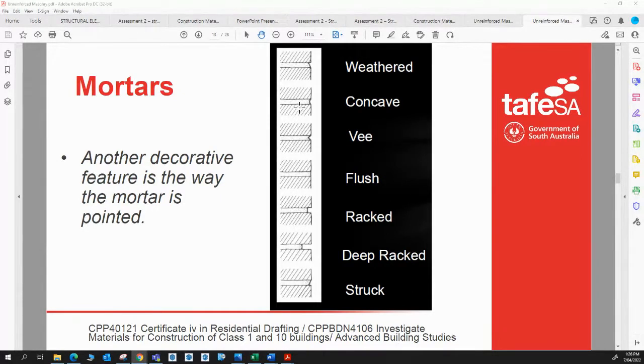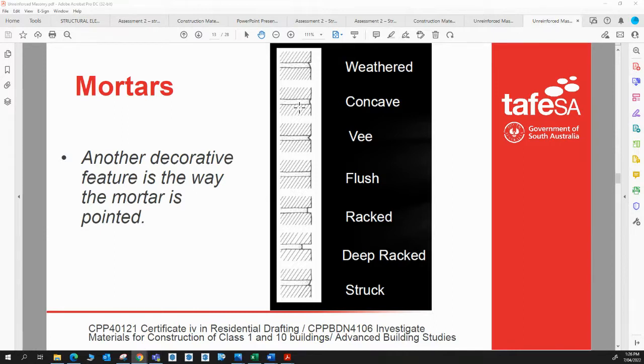So the bricks get laid, and the mortar gets troweled off in a really rough fashion. The bricklayer just runs their trowel sideways across the front face of the brick there, trims off any excess mortar. But then once that mortar is consolidated a little bit, they go back and point that brickwork.